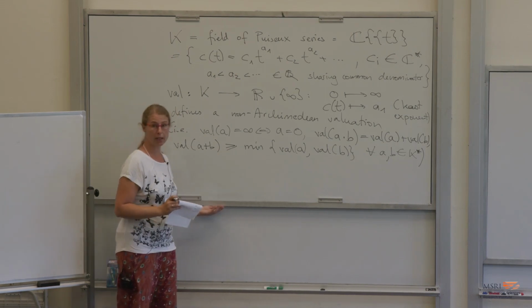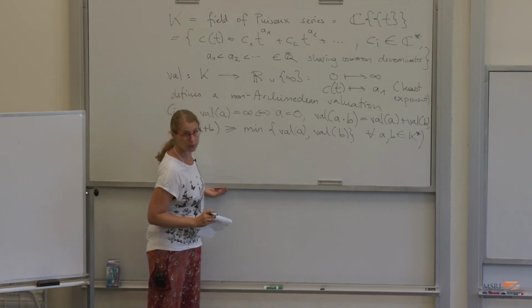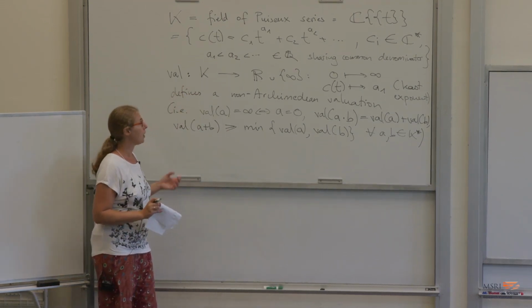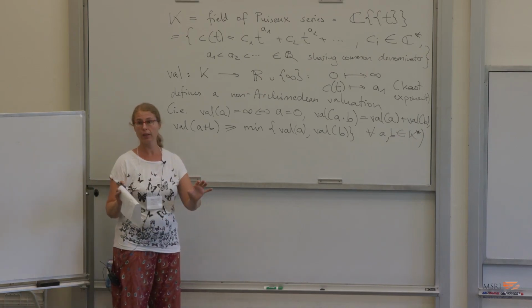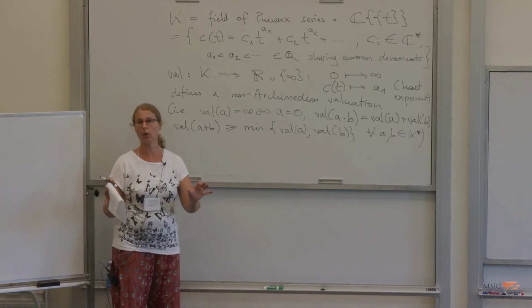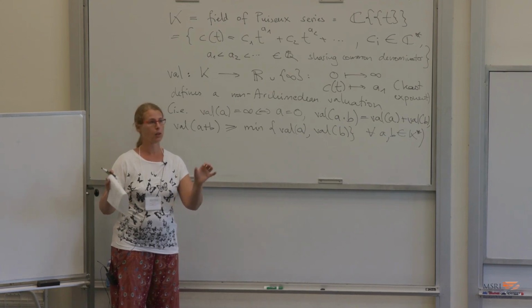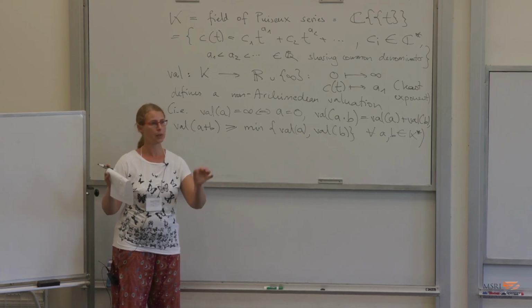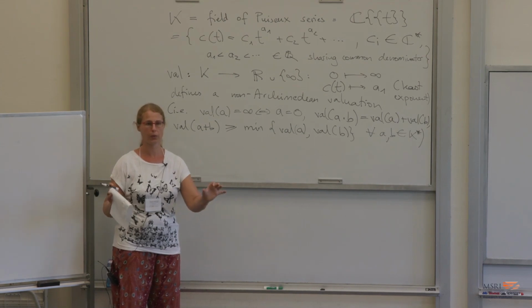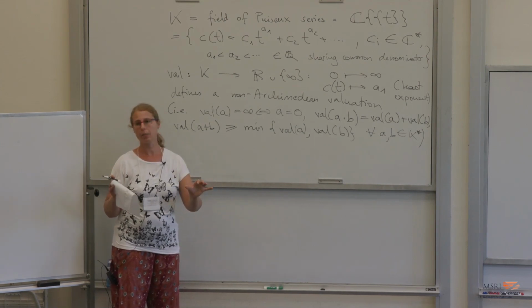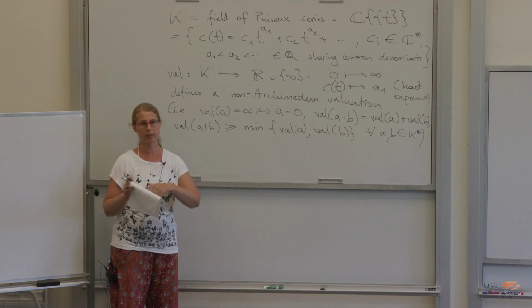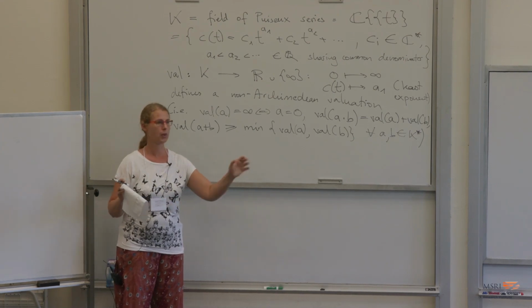And also this last axiom for our valuation on the Puiseux series is clearly satisfied, because if we add two series, then where's the least exponent going to be? Well, generically, it's just going to be the least of the smaller one, so to say, right? The smallest least exponent of those two. But of course, it might happen that one series starts with, let's say, t plus whatever, 2t squared, and so on.